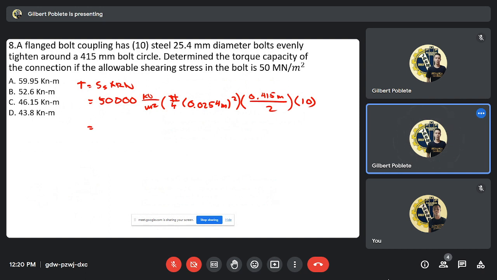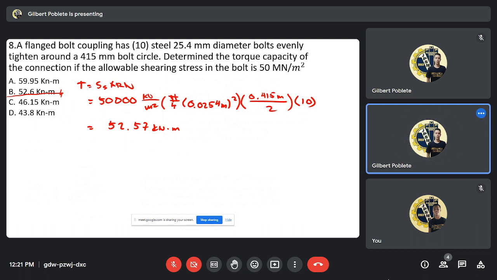Calculate natin: 50,000 times pi over 4, 0.0254 squared, 0.415 meters over... so ang given na torque natin is 52.57 kilonewton meter. So ayan, letter B. Nakuha natin.